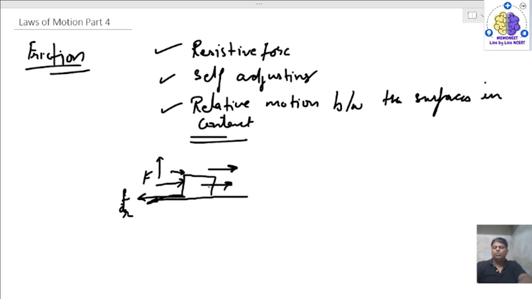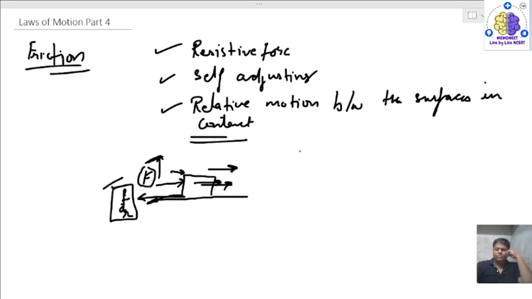Now if I go on increasing the force, a time comes when the externally applied force is sufficient to overcome the frictional force, and the block starts moving.